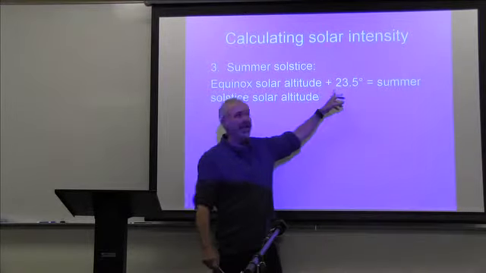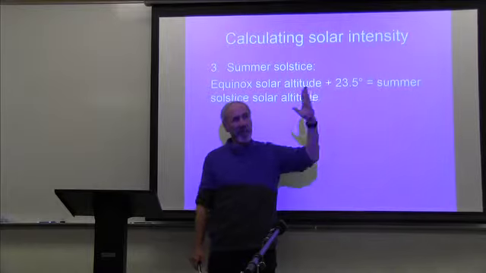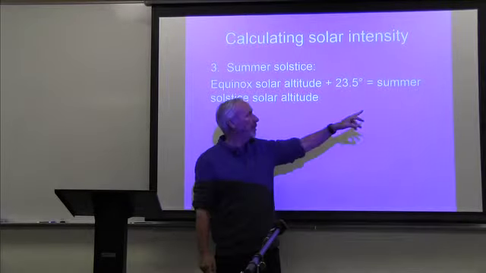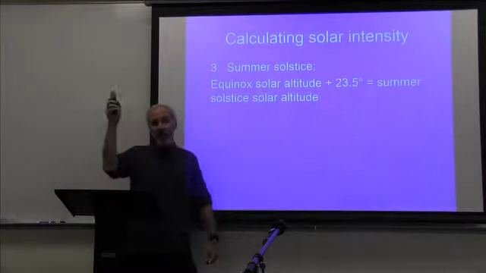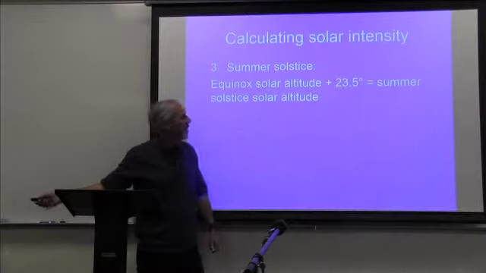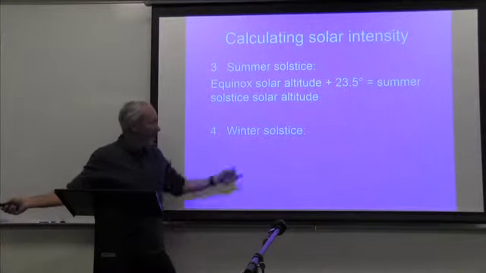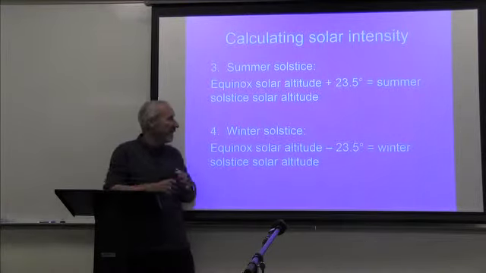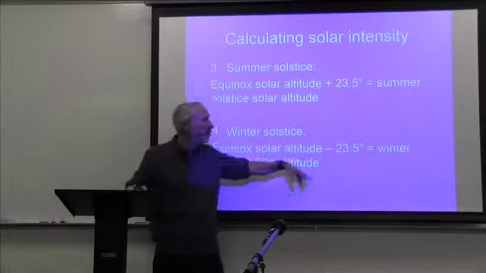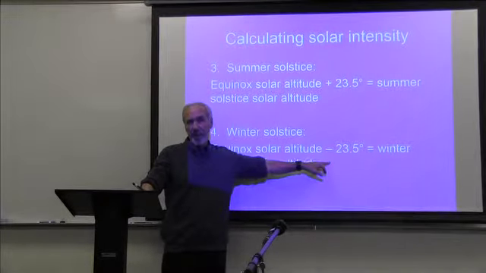You simply add the 23.5 degrees as we're going to approach that full tilt 3 months from now. So we're going to add 23.5 degrees to get the solar altitude for our summer solstice. For winter solstice, we simply take the equinox solar altitude and subtract that 23.5 degree tilt.